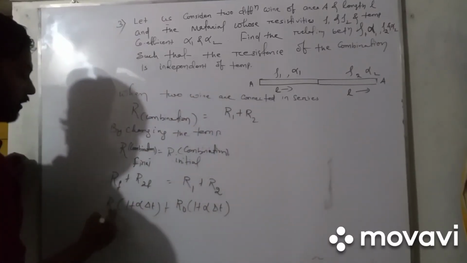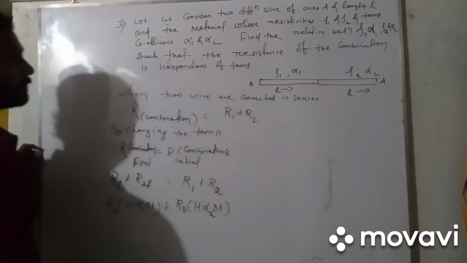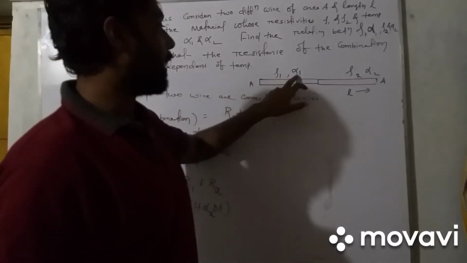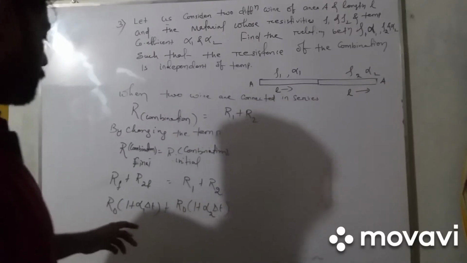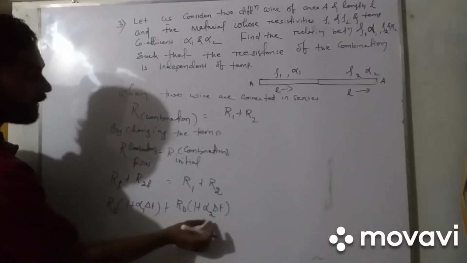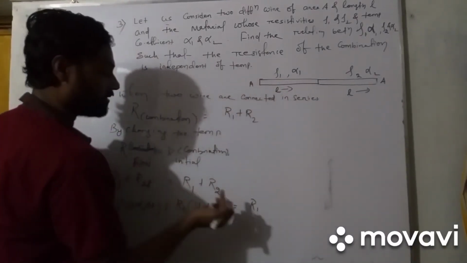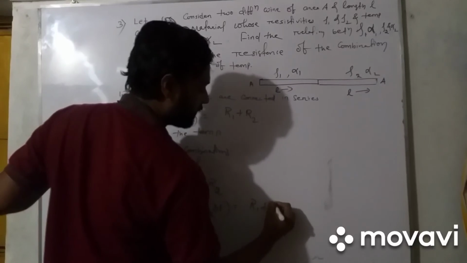Okay. So here we write alpha 1 and alpha 2, because in the above case we can represent the temperature coefficients as alpha 1 and alpha 2. Similarly, R1 is the initial resistance of the first wire, and R2 is the initial resistance of the second wire.